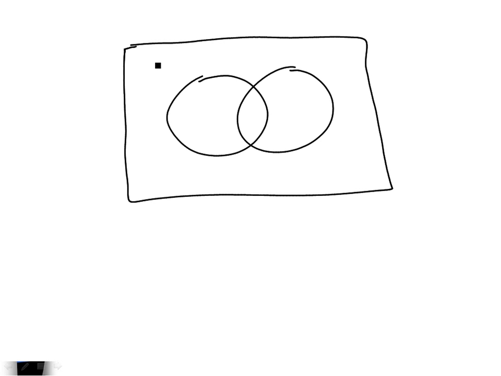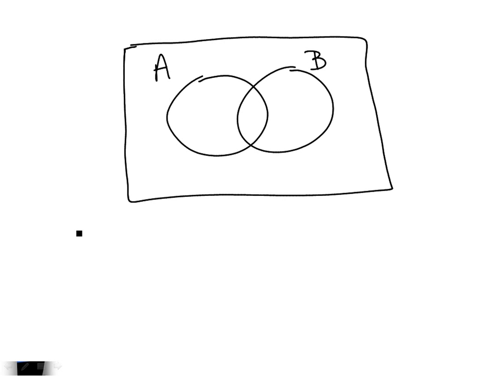Okay, so now what I want to do is show you how to shade Venn diagrams. Okay, and I only want to deal with just two sets for now. So let's go ahead and just work with two sets, A and B. And let that be A and let that be B. So the first thing you need to know is the union.